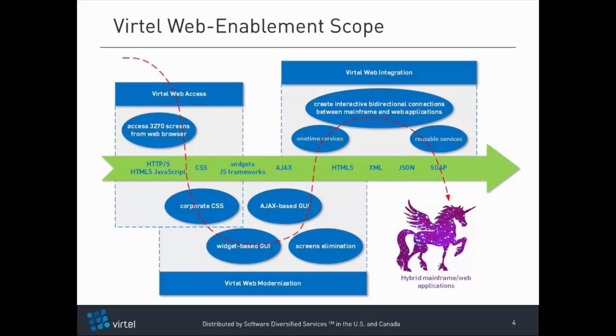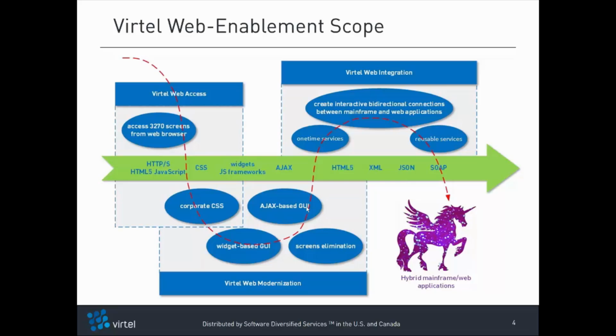Those widgets come from the JavaScript framework of your choice. Then, using Ajax technology, you can add to the new web interface new features and functionalities that do not exist in the legacy screen user interface. For example, autosuggest, autocomplete, PDF generation, and email generation.